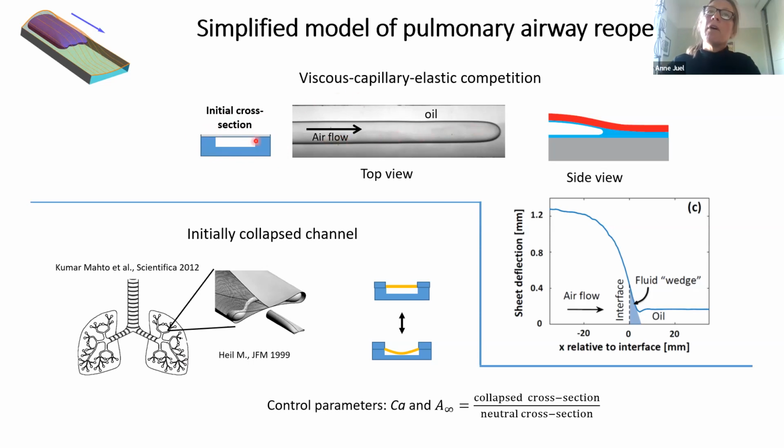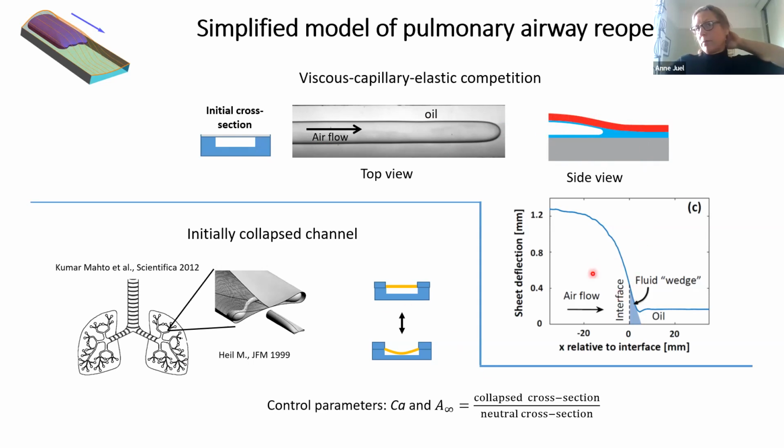So rather than the air just working against viscous and surface tension forces when we inject it, we now have the air working against viscous, surface tension, and elastic forces, so resistance to deformation. If you look from the top, you see pretty much the same as we saw in the rigid channel, but the difference is really in side view, where you can see that the air bubble is inflating the lid of the channel to some extent.